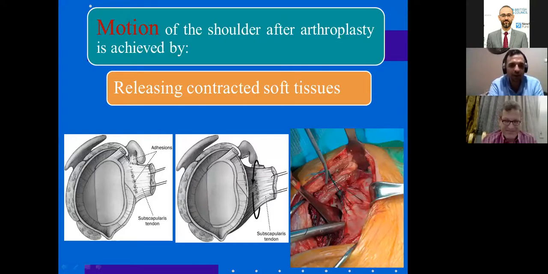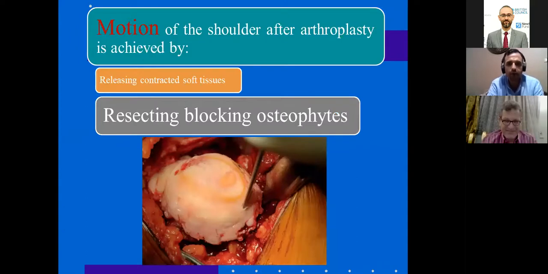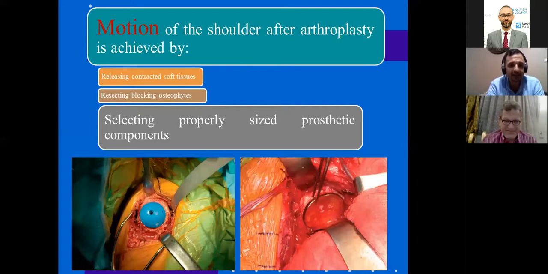Another issue is resecting the blocking osteophyte, so increase the range of motion of the shoulder. Lastly, you have to select a proper sized prosthetic component, not a large component, to avoid overstuffing, or a small component that impairs the stability of the prosthesis.